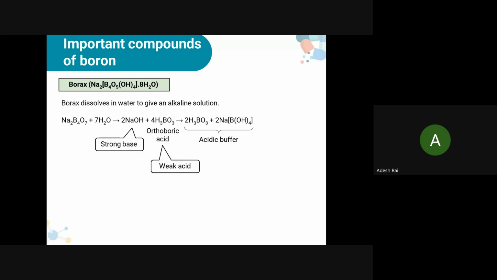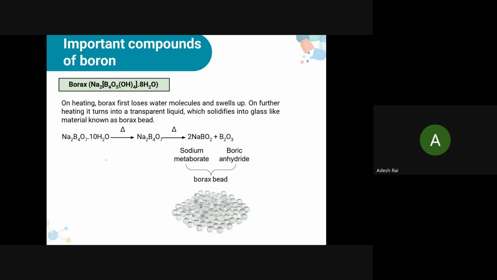So in that also we use borax. How do we use borax? When we heat borax, we get sodium metaborate, NaBO2. What is this? Sodium metaborate, NaBO2.